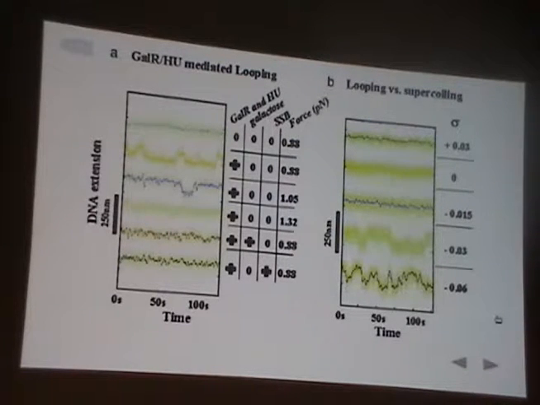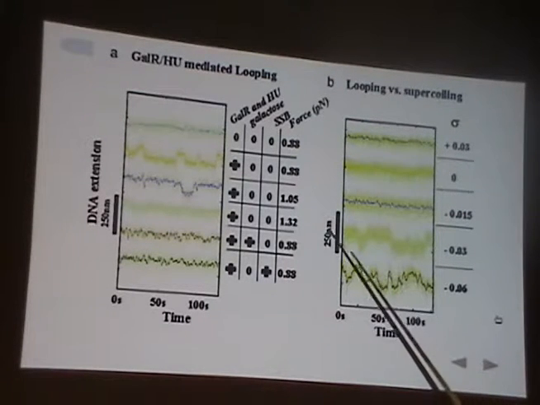So by following the system in time, we can have access to the equilibrium constant of the system.